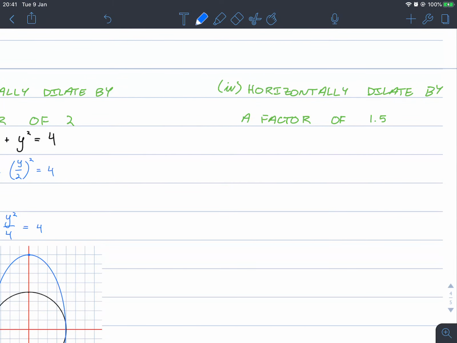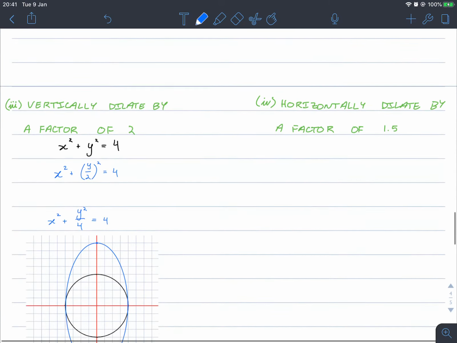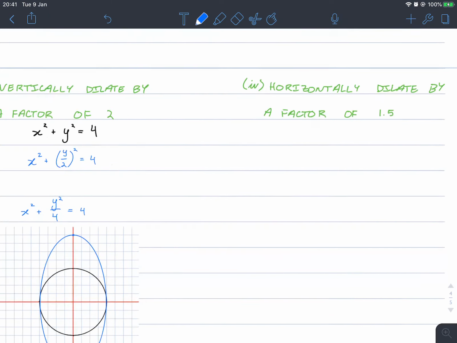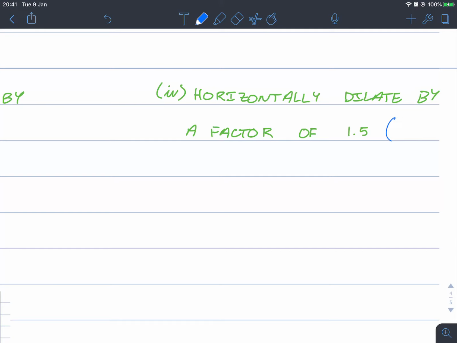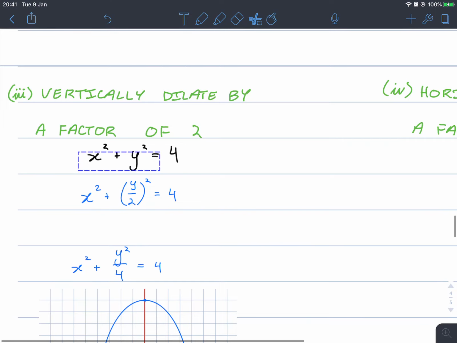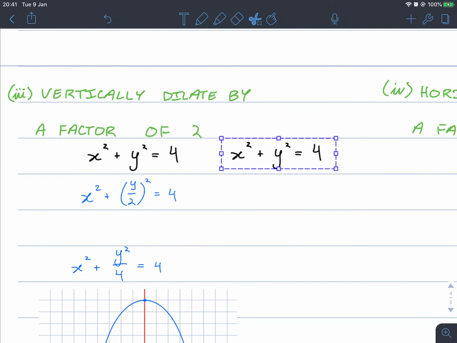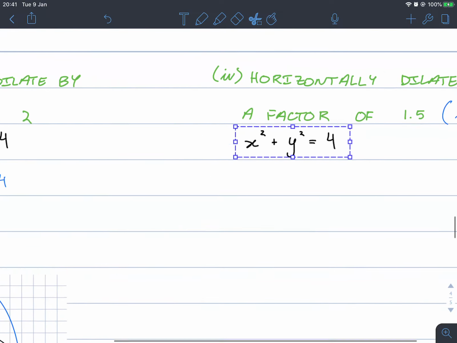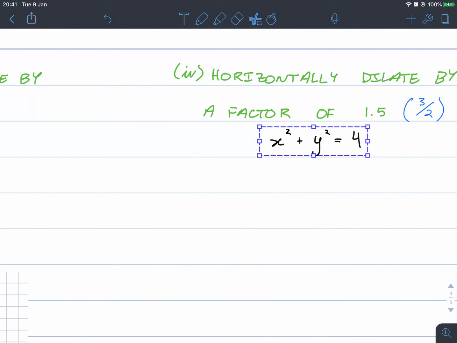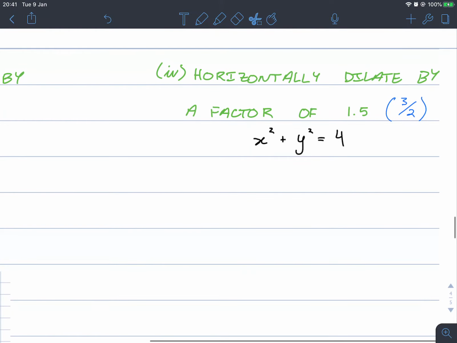Let's do this again. This time, let's horizontally dilate this circle by a factor of 1.5. You can think of this as a factor of 3 over 2. So here's my relation, not a function. And to do this, we replace x with x over the factor that we want, 3 over 2 whole squared, plus y squared equals 4.